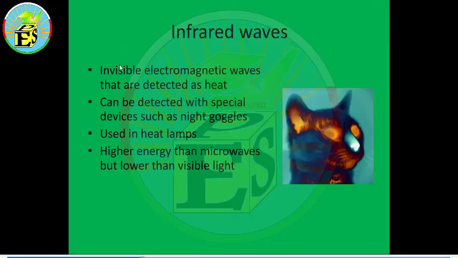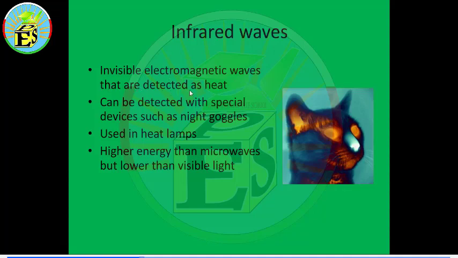Infrared waves: invisible electromagnetic waves that are detected as heat. All the waves we talked about, radio waves and microwaves, we can't see them. Also infrared, I can't see it. Invisible means I can't see it.